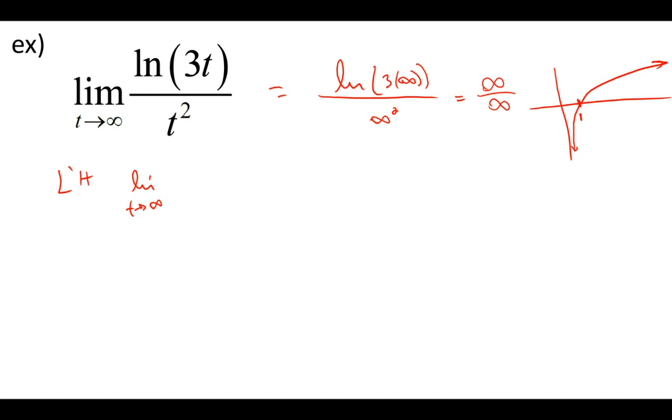Remember, for this one, it's 1 over u times u prime, essentially. So it's 1 over 3t times the derivative of 3t, which is 3, over 2t. So now the 3's cancel, and we get 1 over t over 2t.